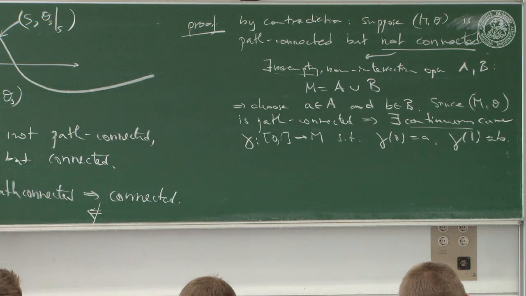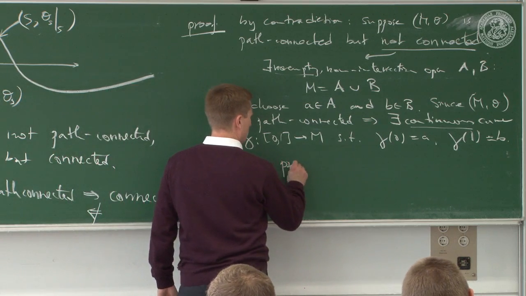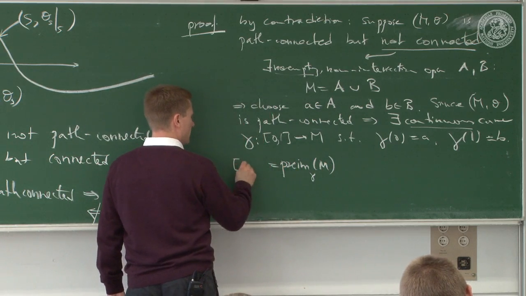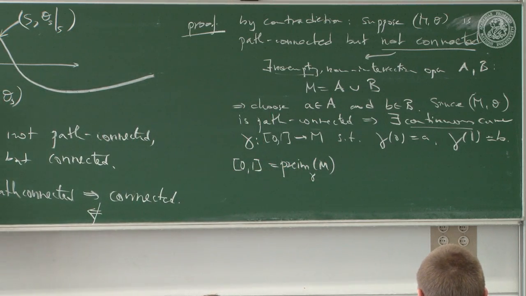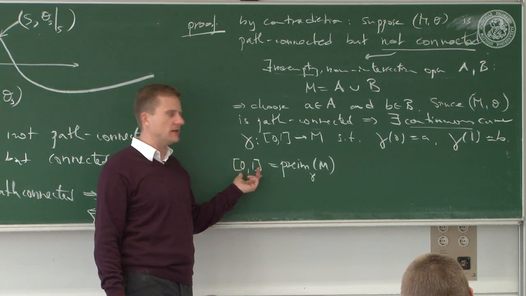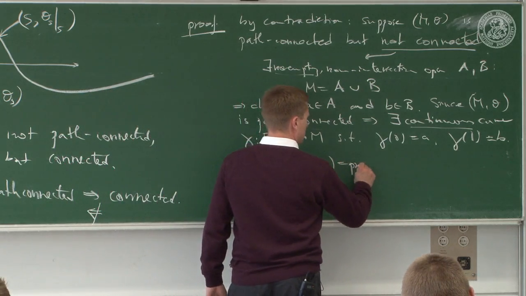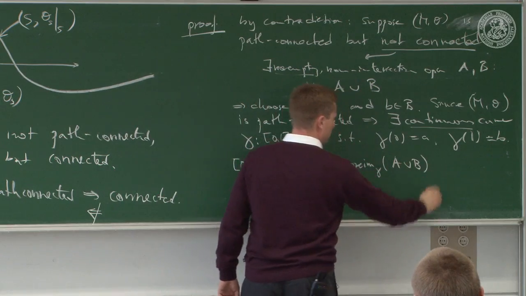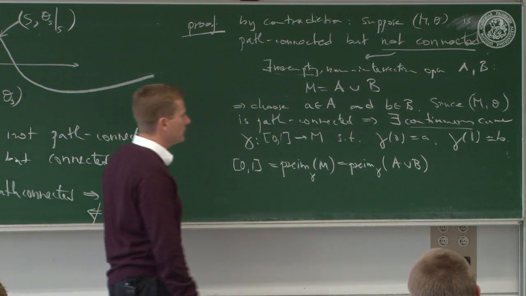Now we can look at the pre-image of M under gamma. Well, that must be the whole domain of gamma, the range over which the parameter runs. That's clear. But we know that M is A union B. What do we know of the pre-image of a union?